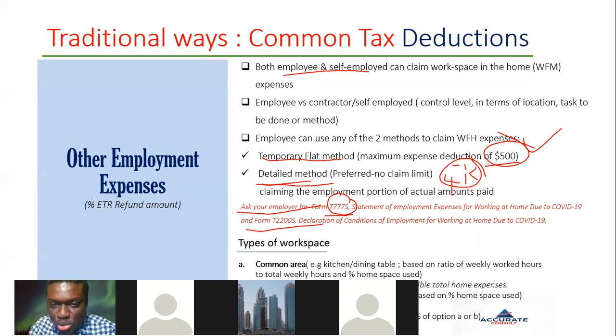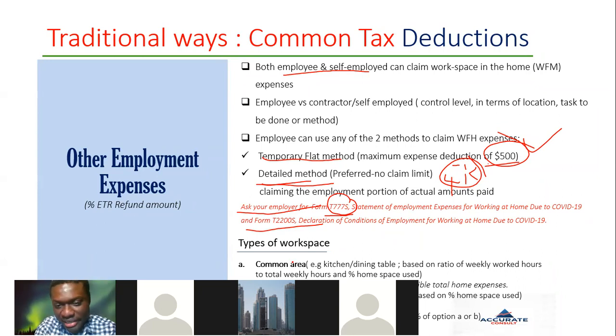Thank you. So please get this document from your employer, Form T777S, Statement of Employment Expenses, so that you can claim the detailed method. Basically, what they look at is what portion of your house you use for office.